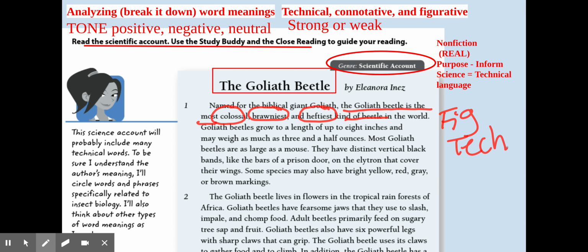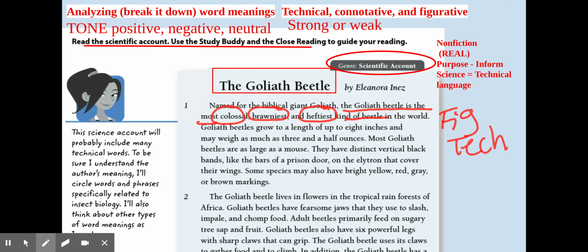In paragraph 2, there's a couple of words where I'm like, oh, okay, so he's kind of scary now. What words would you circle? I want you to go ahead and circle some words in paragraph 2 that have negative connotations that might make you think that this guy could be scary.